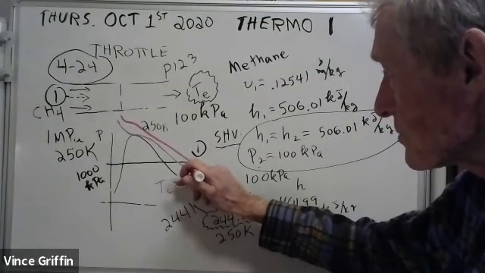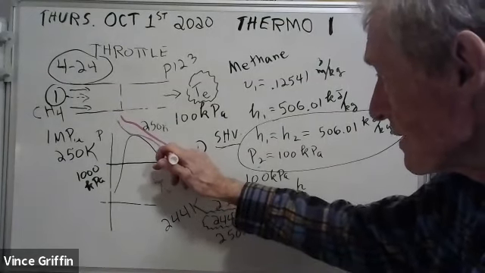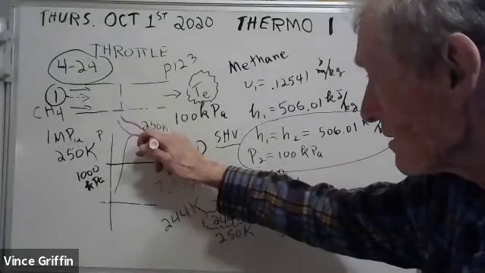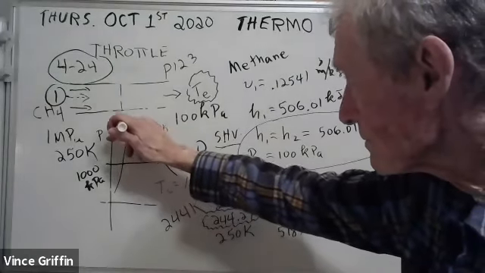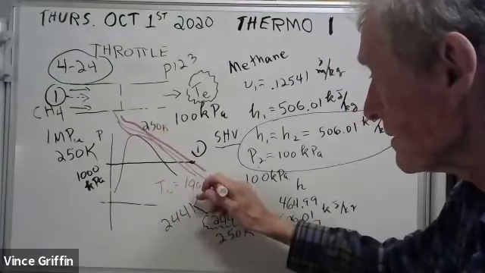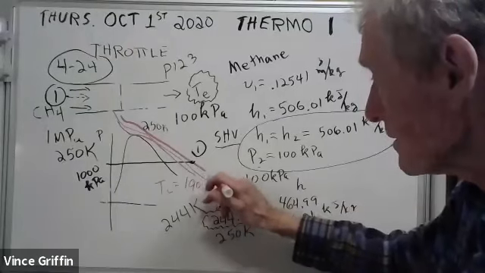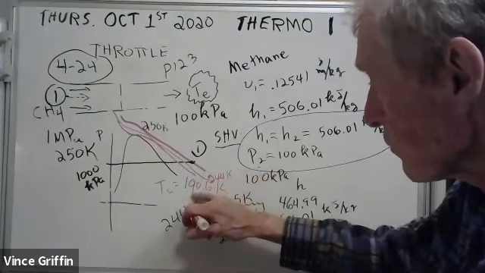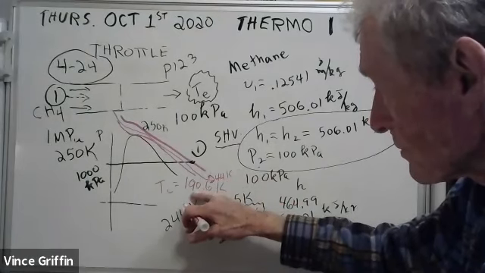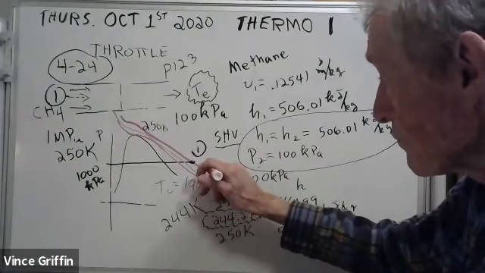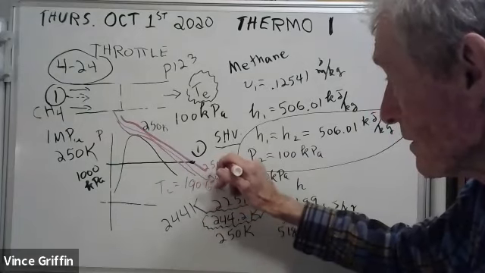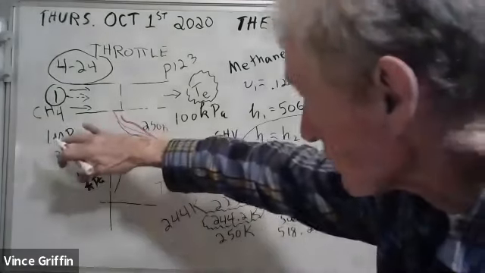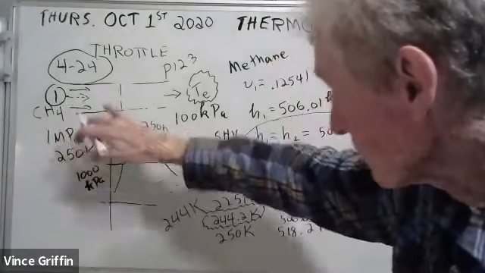Not much room for me to squeeze this in, but I'll try. 244 K is bigger than 190, which is the critical temperature, but it's smaller than 250 K, which is our starting temperature coming in. See, we got 250 coming in.